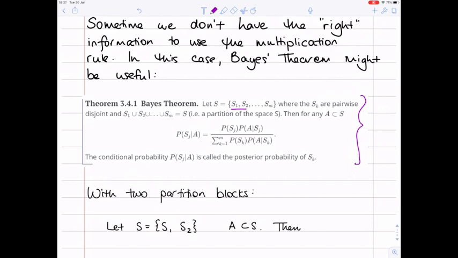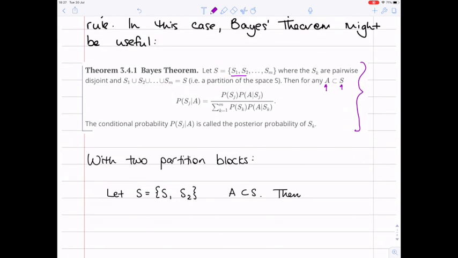Then it turns out that for any event in our sample space, we can find the probability of being in one of the particular partitions, for example S1, given that the event occurs.